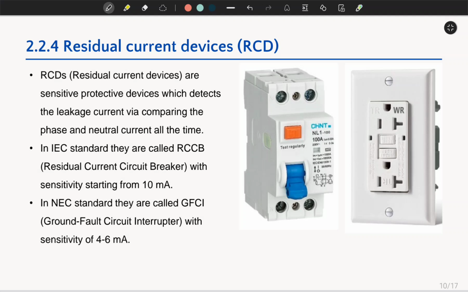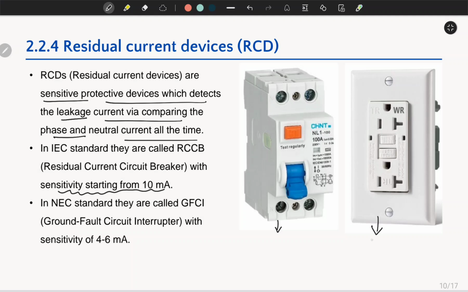The next thing is RCDs, which are residual current devices. RCDs are sensitive protective devices which detect the leakage current by comparing the phase and neutral current all the time. In the case of IEC, they are called RCCBs, residual current circuit breakers, whose sensitivity starts from 10 milliampere.